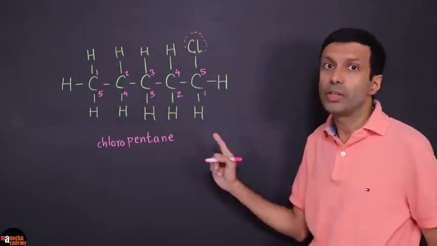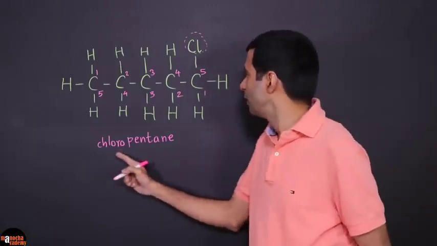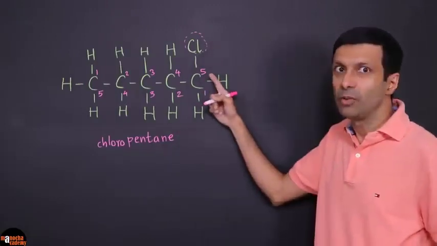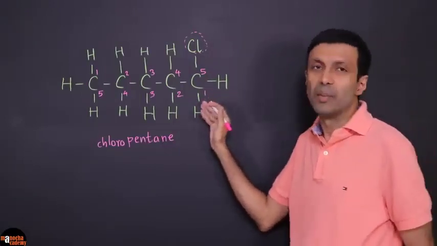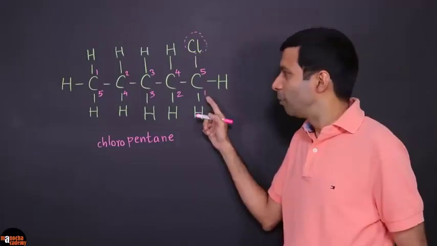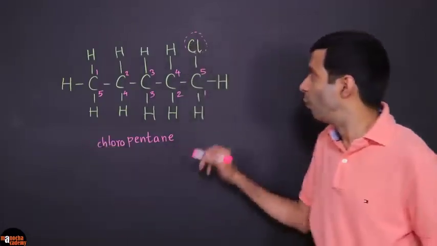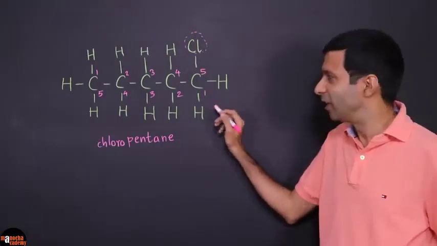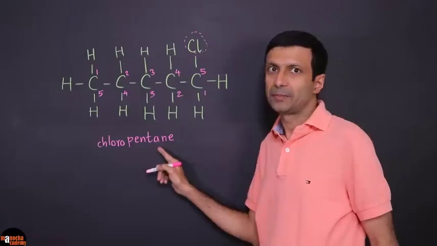And we also need to give the position. So what position of chloro should I give here? Is it going to be 5-chloro? No, it's 1-chloro, because we'll choose the smallest number here. But there's no need to actually write 1-chloro here, because the number 1 is not necessary. So simply the name is going to be chloropentane.